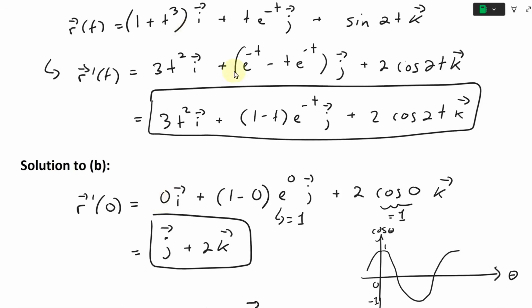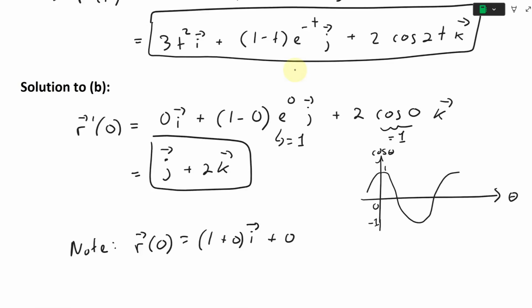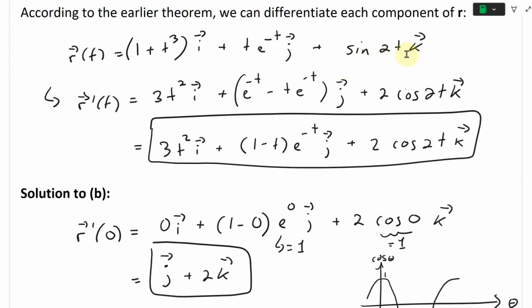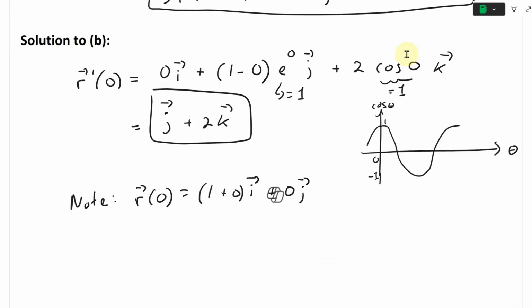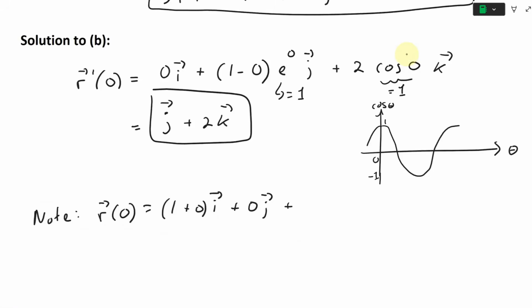Now put a 0 in here, t is 0, so that just vanishes. So it's going to be plus 0j. And now this one here is sine 2t, and t is 0, so that's just going to be sine 0, and then this is k.